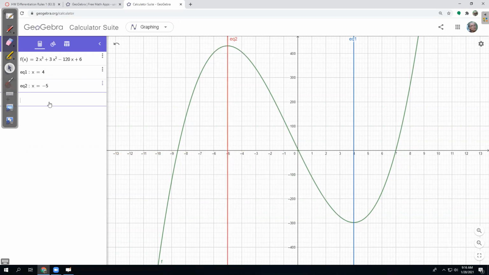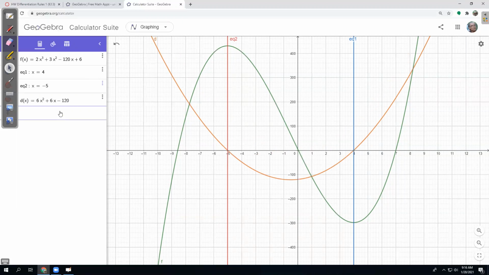And to double check, I can plug in my slope function, which I like to call d of x for derivative. My derivative function was, let's see, 6x squared plus 6x minus 120. And I can see my derivative function has zeros at negative 5 and 4.